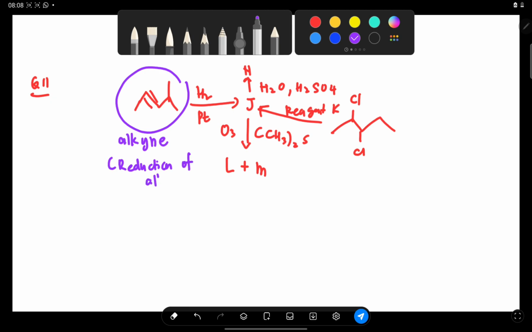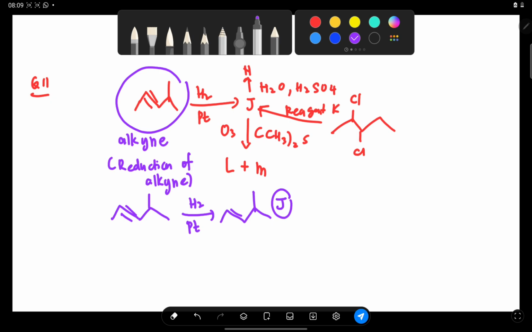Reduction of alkyne, with hydrogen in the presence of platinum. So what you get here is an alkene. So the answer for J is this structure.